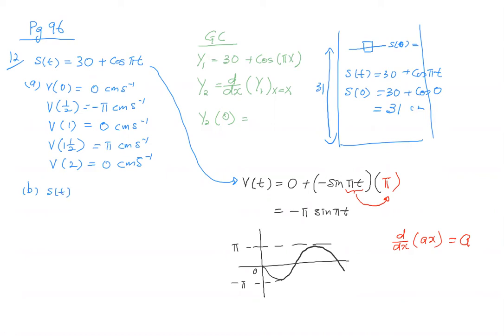Everyone sketch the graph of S(t) and see how S(t) looks like. We see whether the S(t) graph can help us or not, or we should go for the V(t) graph.